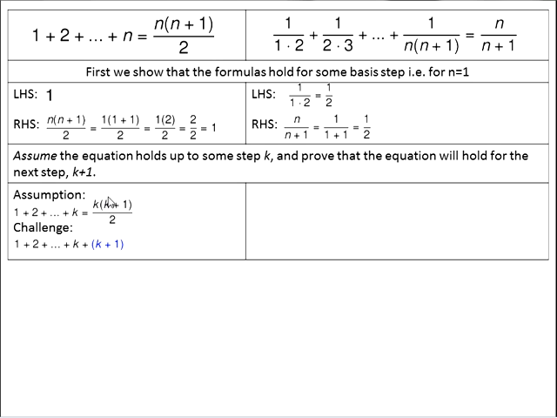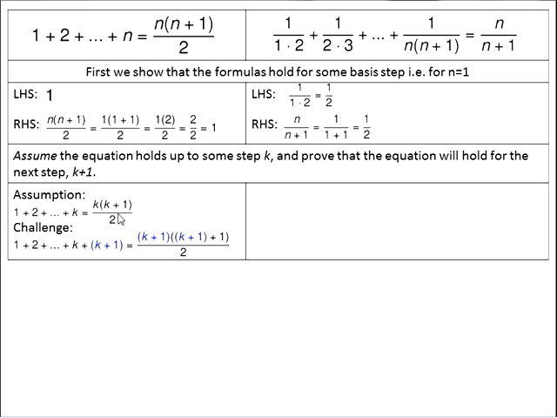Now we need to be careful. Notice the right-hand side of my equation. This is calibrated to add up the first k numbers. But now I want it to be calibrated to add up the first k plus 1 numbers. So if this is the sum up to k, then how do I express the sum up to k plus 1? Easy. Everywhere you see a k on the right-hand side, I'm going to replace it with k plus 1, because I'm not adding up to k anymore.